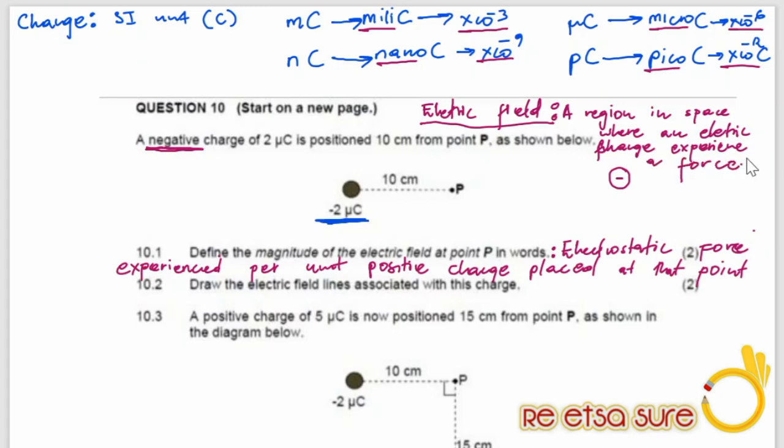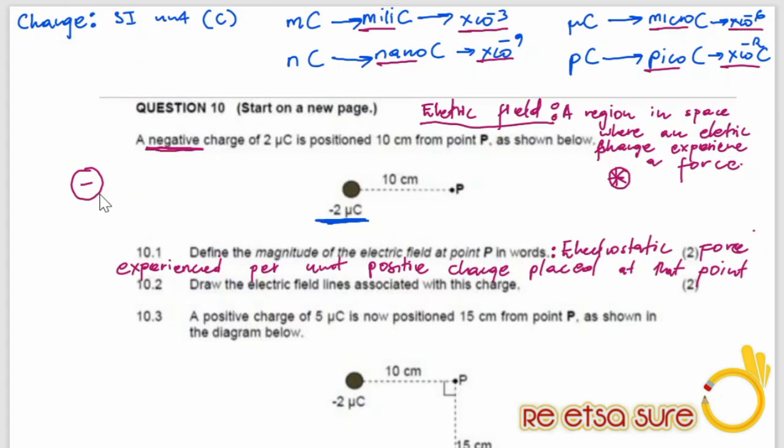A region in space where an electric charge experiences a force. Let me cancel this one here and then try to do it somewhere here. I'm having a negative charge, meaning around this negative charge I must be having the electric field. The electric field, my beautiful learners, for negative charge, they are always pointing towards what?